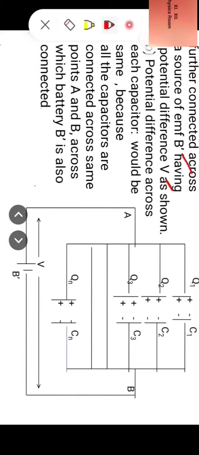Potential difference across each capacitor would be the same in this situation because all the capacitors are connected across the same points A and B, across which battery B dash is also connected.